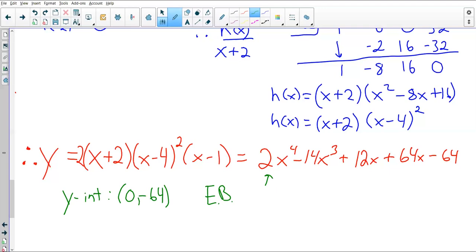So that tells me as x goes to infinity, y goes to infinity, and as x goes to negative infinity, y goes to negative infinity.